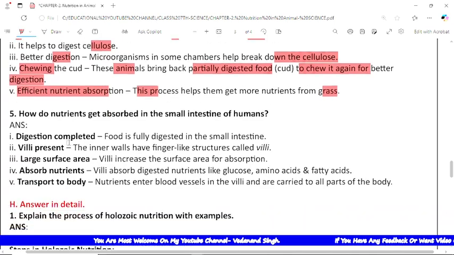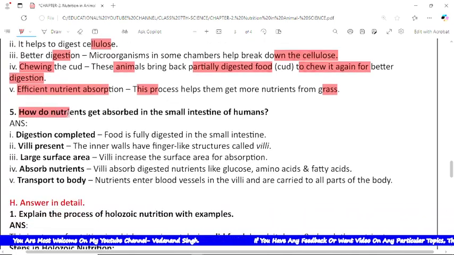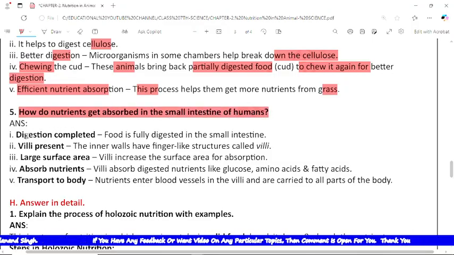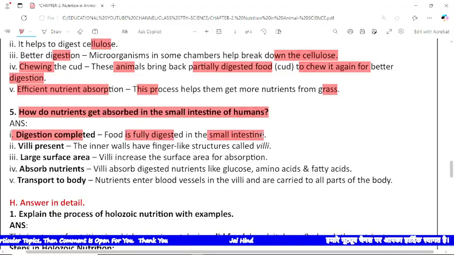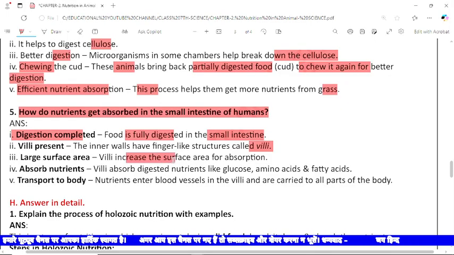Now the fifth question is how do nutrients get absorbed in the small intestine of humans? The answer is digestion is completed. The food is fully digested in the small intestine. Next is villi present. The inner wall has finger-like structures called villi. The next is large surface area. Villi increase the surface area for absorption.